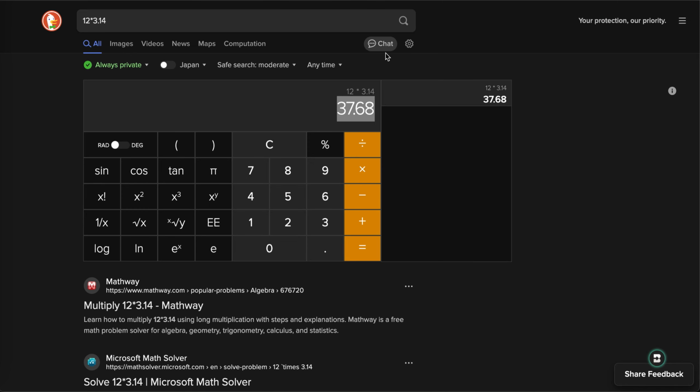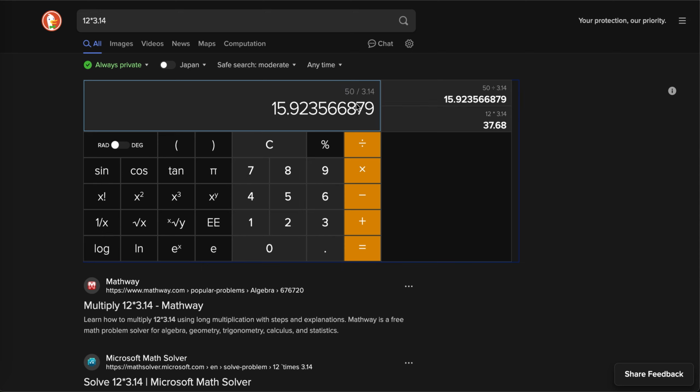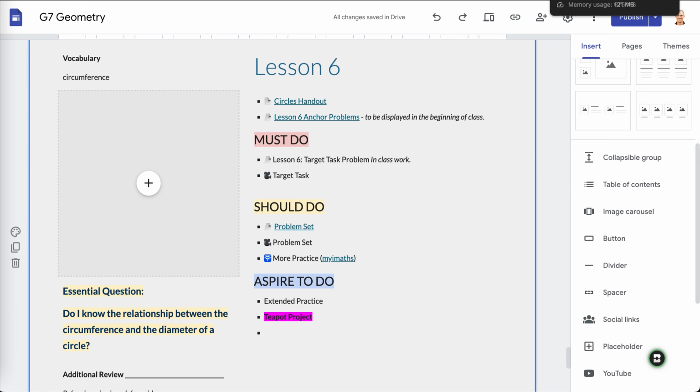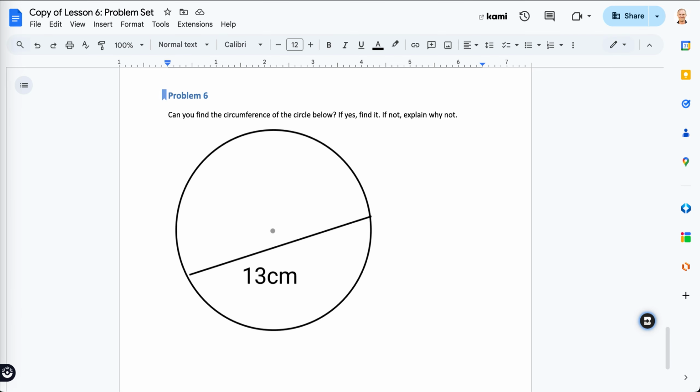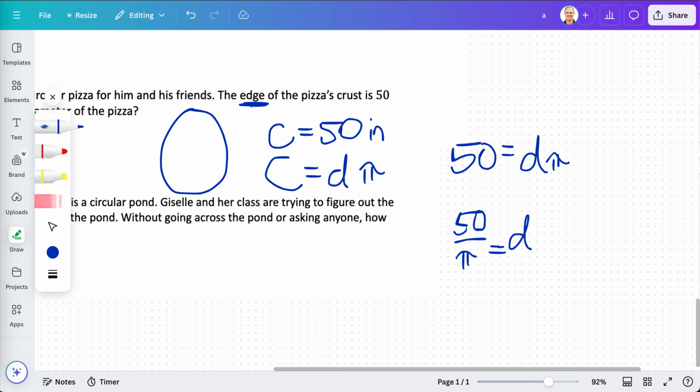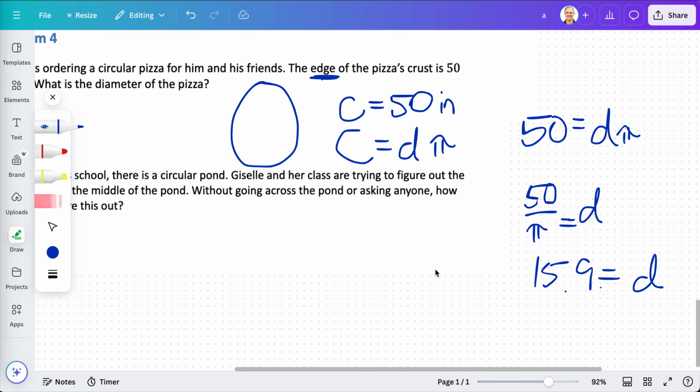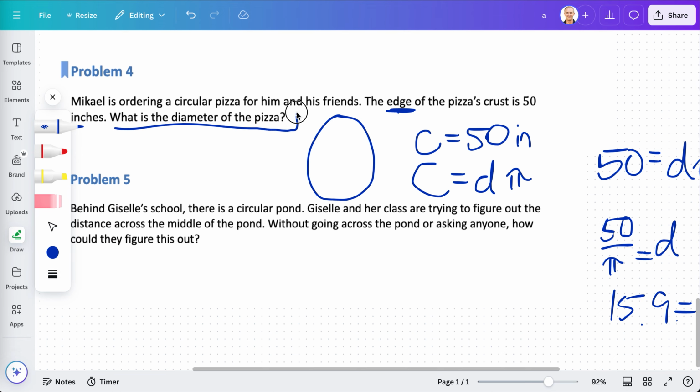Oof. 15.9. All right, the diameter is 15.9.